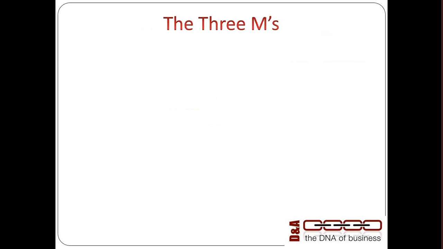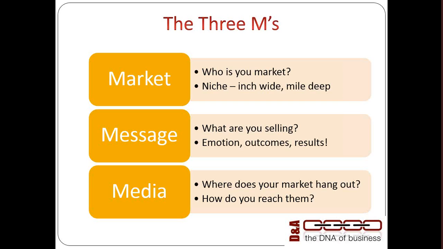Okay, so the secret is, and again, this is something very quick and simple and easy to remember, the 3 M's. The 3 M's being market: know your niche market, and get into a niche an inch wide and a mile deep. That is a far, far more effective way to get business, by dealing with a niche an inch wide and a mile deep.